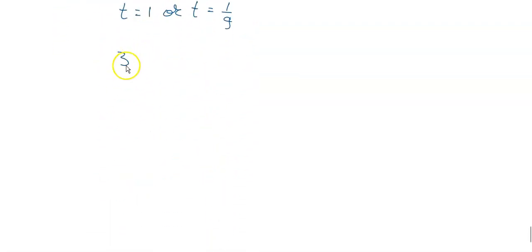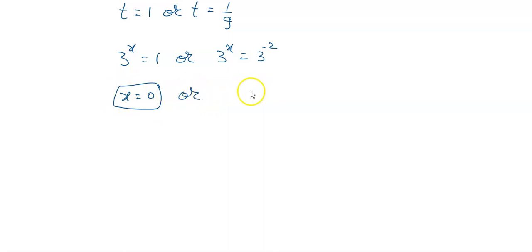So we will write 3 to the power of x is equal to 1 or 3 to the power of x is equal to 1 upon 9. We can write 9 to the power of minus 1, that is 3 to the power of minus 2. So x will be equal to 0 or x will be equal to minus 2. This is the answer. So minus 2 comma 0, I can see option A.